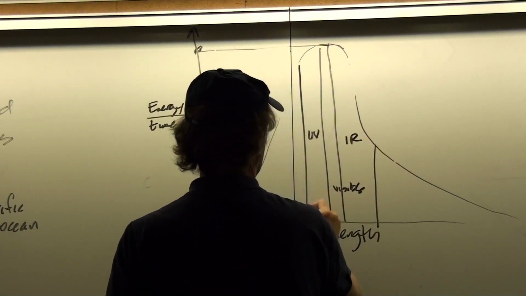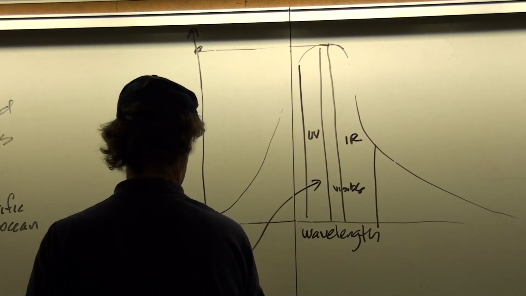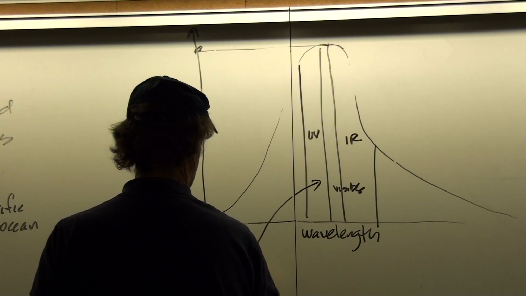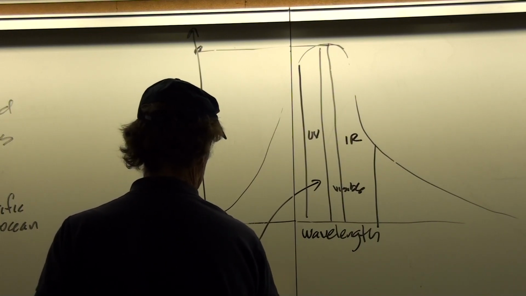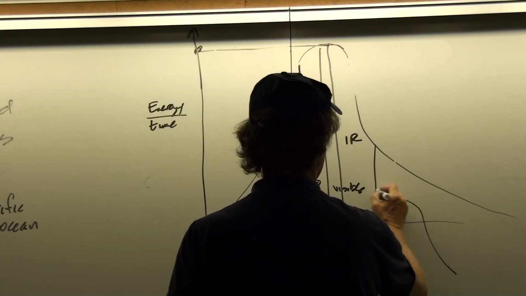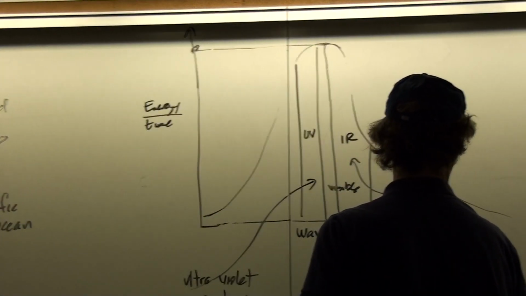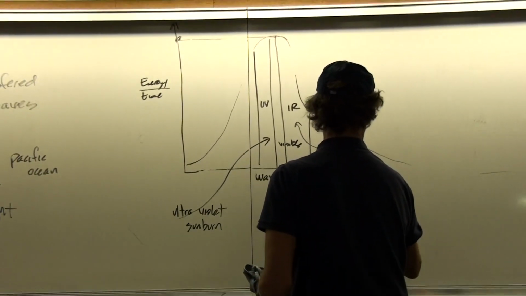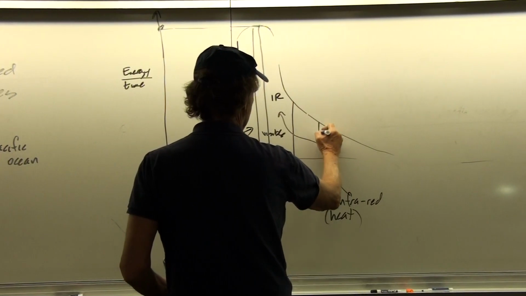So this is ultraviolet. This is what gives you sunburn. Over here you have infrared, so this is what gives you your heat. And then you go out to longer wavelengths here.